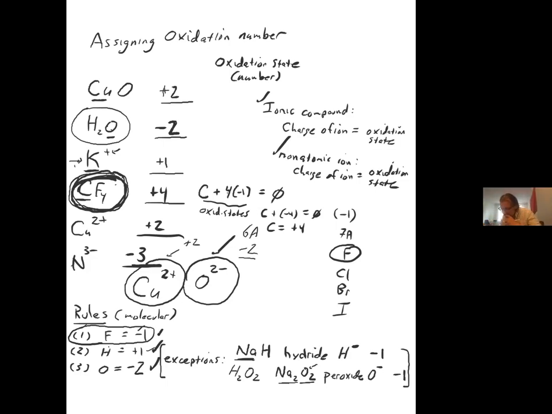So for example, see how this one's -3? The nitrogen is -3. So they can be different numbers, but they have to add up to whatever the whole thing is. So in this case, see how they added up to 0 again? +2 -2? Because they had to add up to 0 because that's a compound.